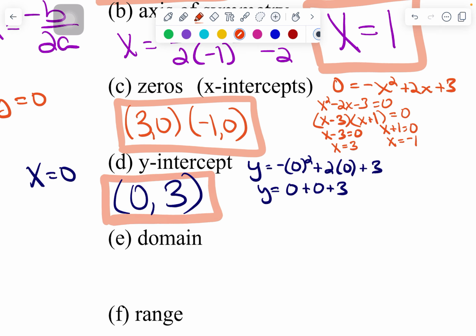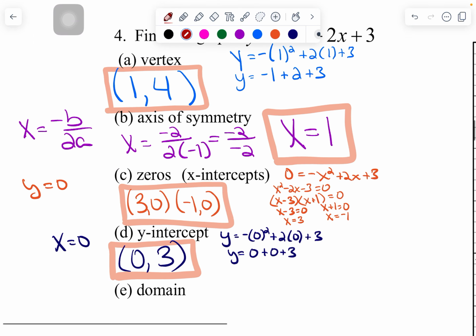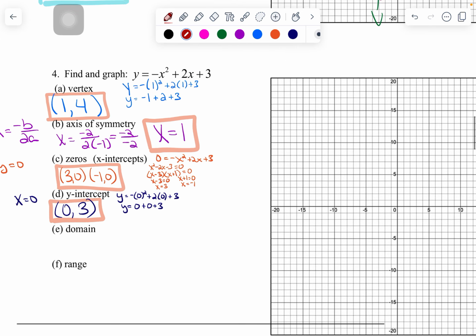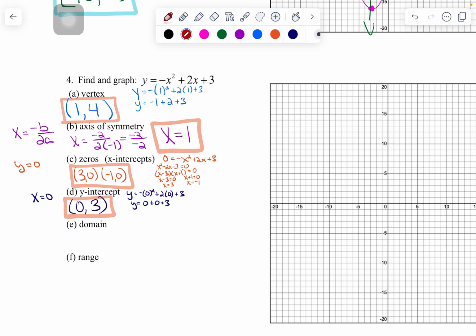Now that I've got all the bits, parts, and pieces that I can graph, the vertex, axis of symmetry, zeros, and y-intercept, let's actually put it on a graph. So (1, 4): from the origin, go right 1, up 4. For the axis of symmetry, I can graph that dotted line exactly through that vertex point.